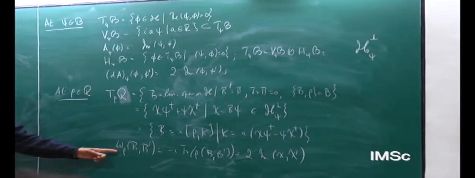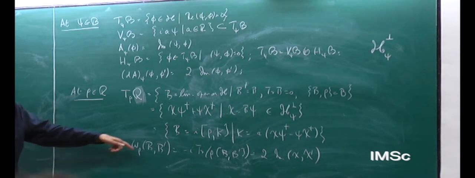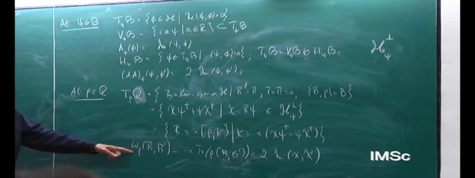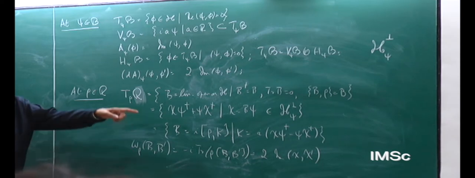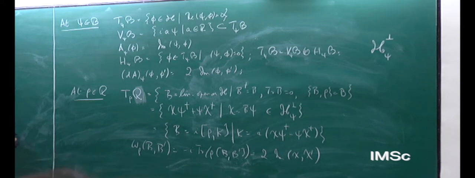Why is there no contour integral representation? Because this two form omega, which exists on ray space, is closed. Its curl is 0, but it is not exact. It is not the curl of something. If it had been the curl of something, we would have used Stokes' theorem. And the surface integral of omega could be converted into a line integral of the thing from which it arises by the curl operation.